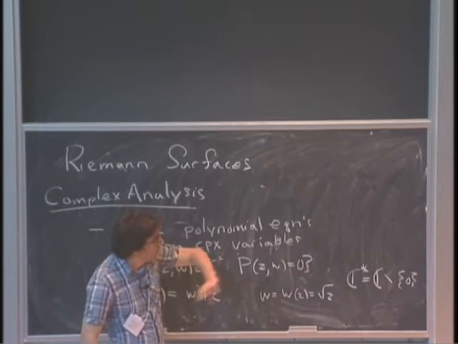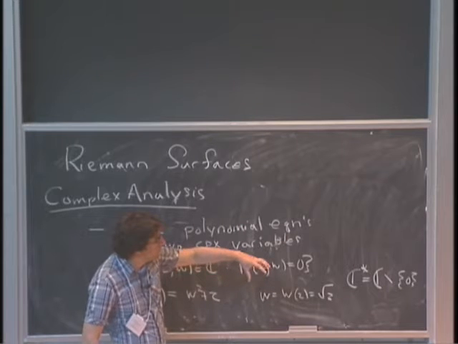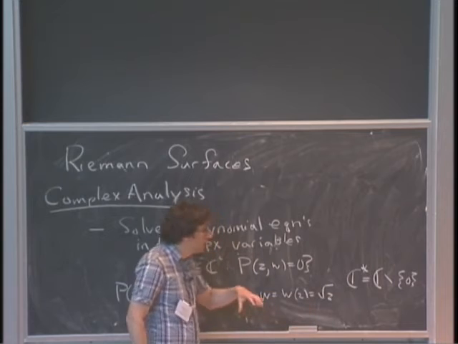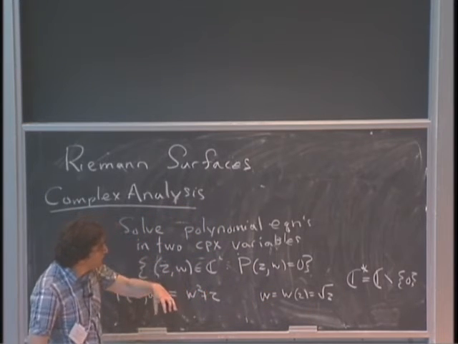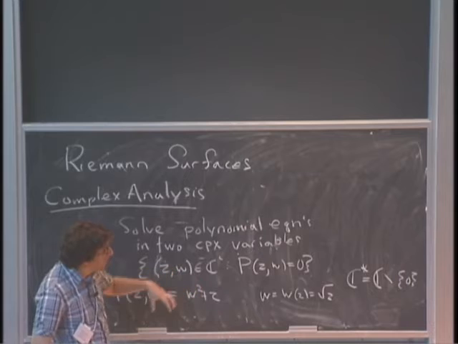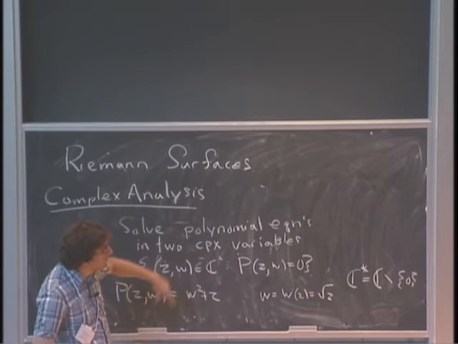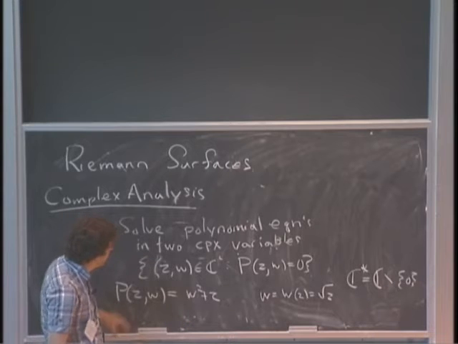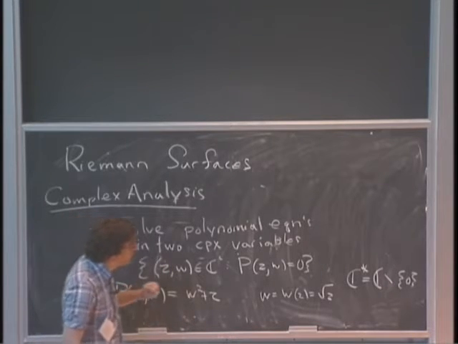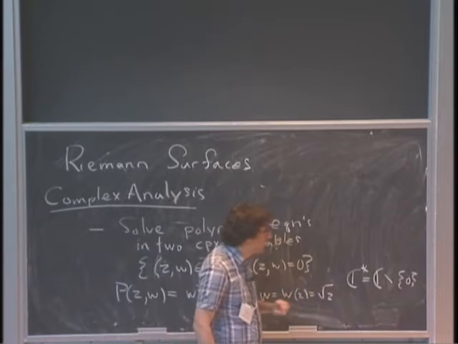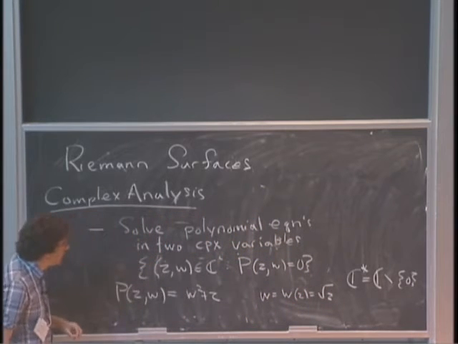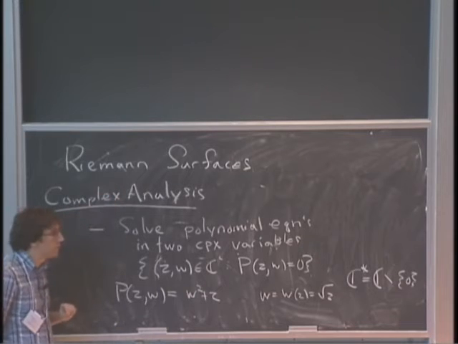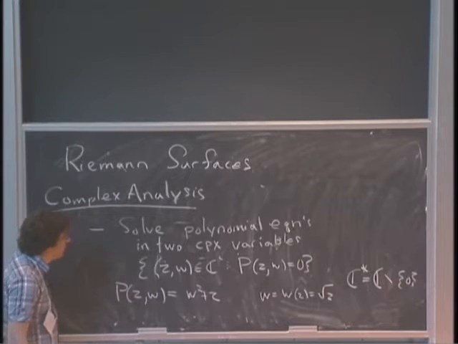The issue is that there's an ambiguity in which sign you take, and if you tried to patch together all these local choices, when you came back around a path that went around the origin, you'd end up with the opposite of what you started with. So there's no global way of making sense of this on the punctured complex plane, but it would be nice to have a global perspective on this, and this is one of the things we'll see Riemann surfaces allow us to do.